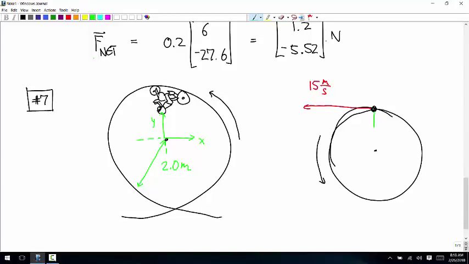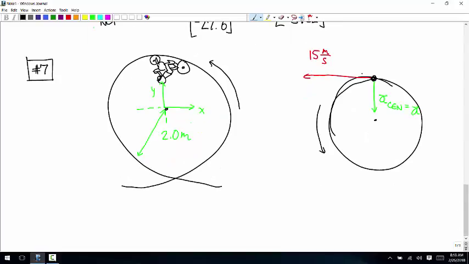There's a centripetal acceleration like this, and because it's uniform circular motion at this instant, that's the total acceleration. The total acceleration vector of the object at this instant is just the centripetal acceleration.